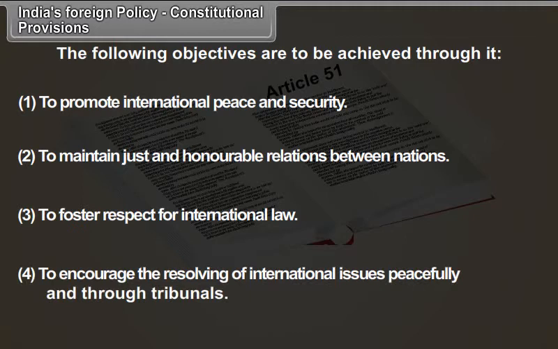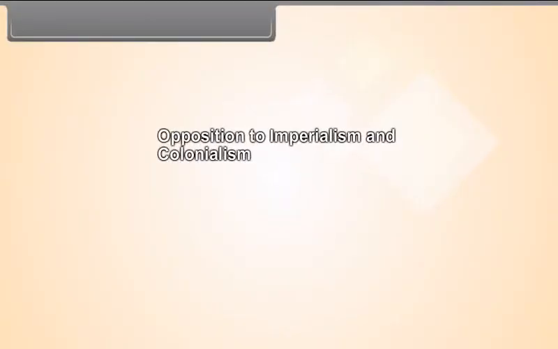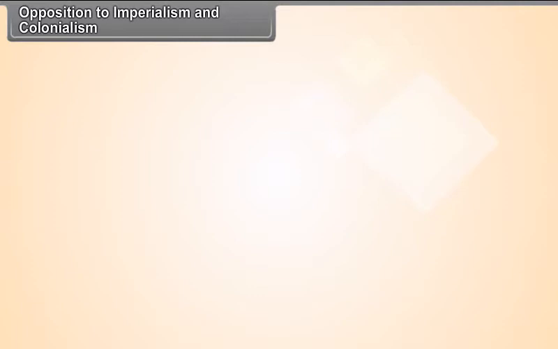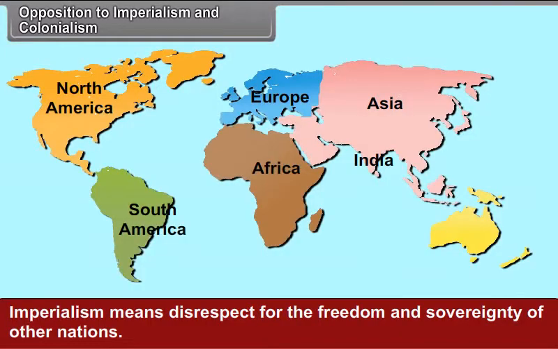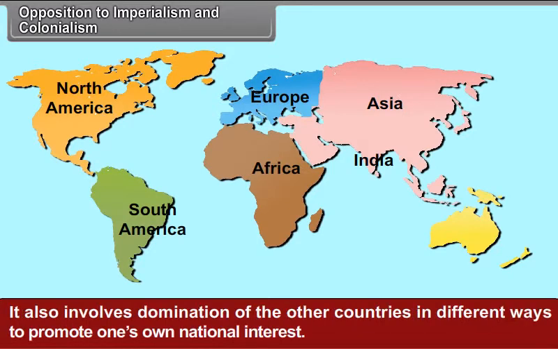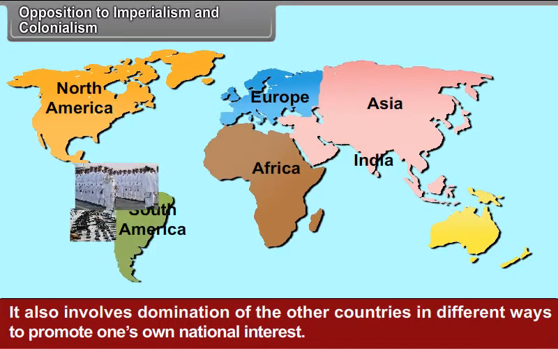Some of the main features of India's foreign policy are as follows. Opposition to imperialism and colonialism. Imperialism means disrespect for the freedom and sovereignty of other nations. It also involves domination of other countries in different ways to promote one's own national interest.